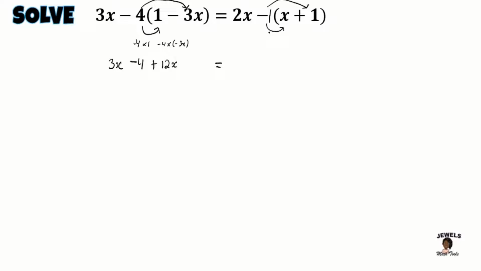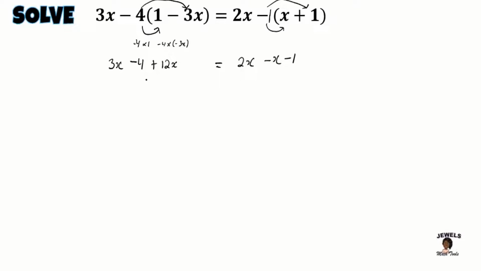Even though the 1 is not written, remember that this still means that we're multiplying by a negative 1. So we have our negative 1 times x will give us negative x, and our negative 1 times positive 1 will give us a negative 1. And we're going to return our 2x back to our equation.